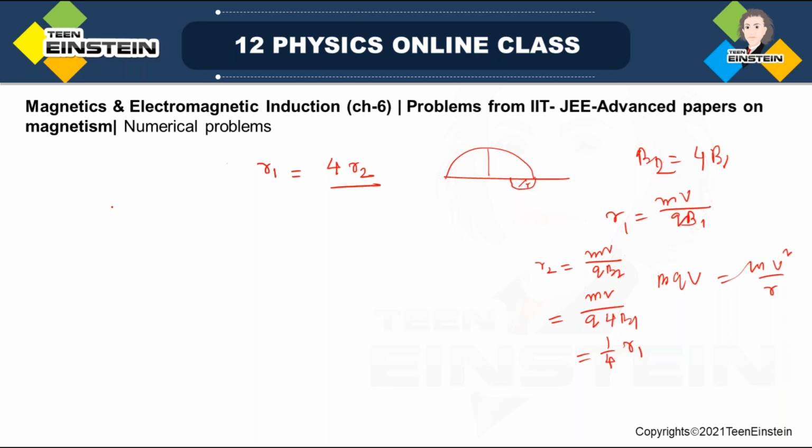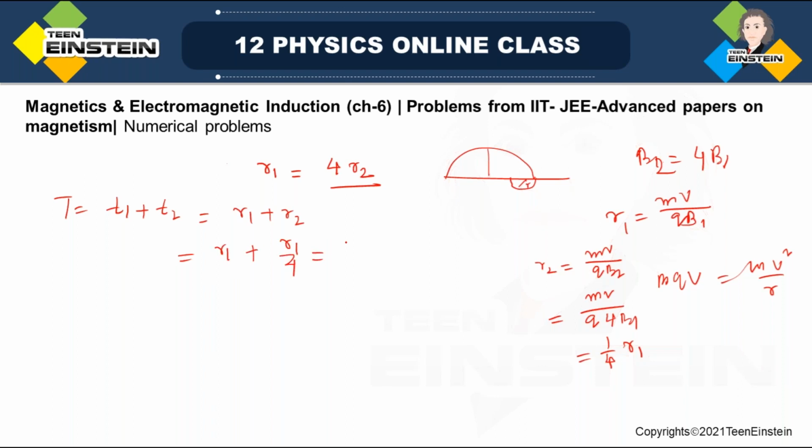So we get total time T1 plus T2 is equal to R1 plus R2. R1 is R1, and R2 is R1 by 4.